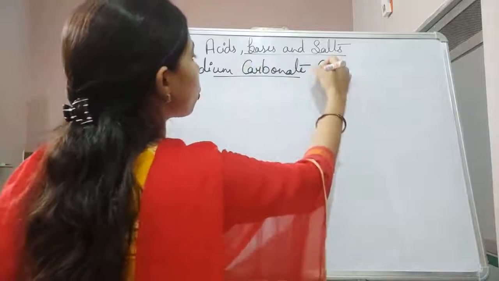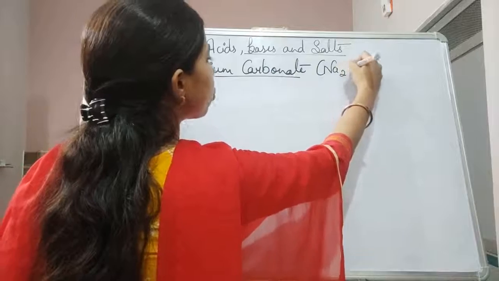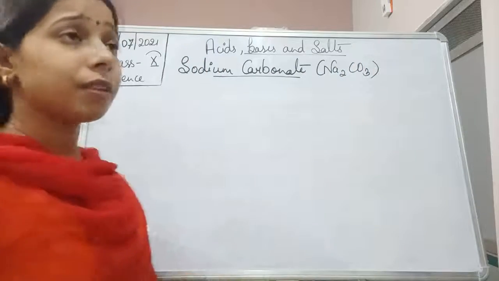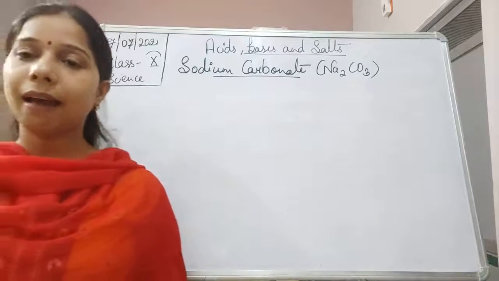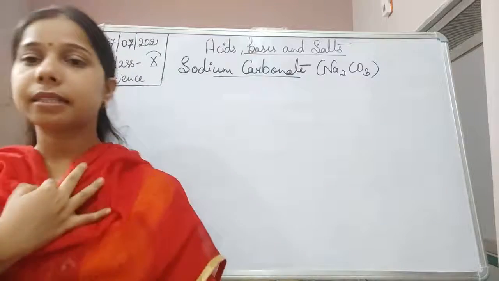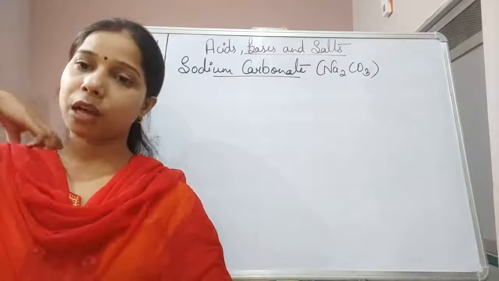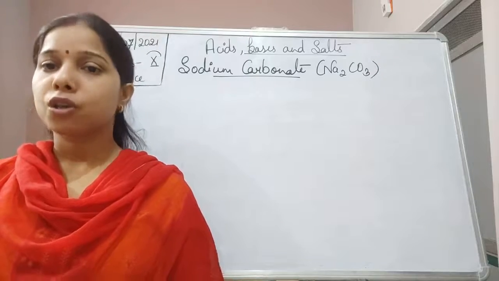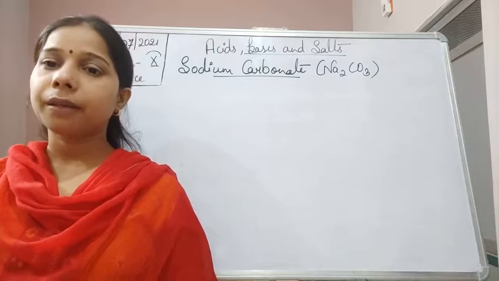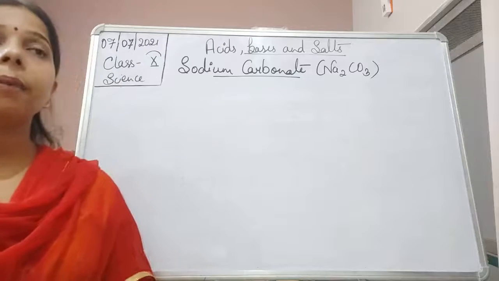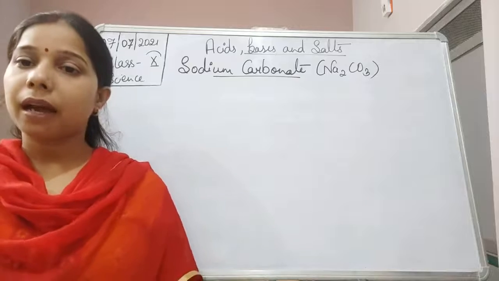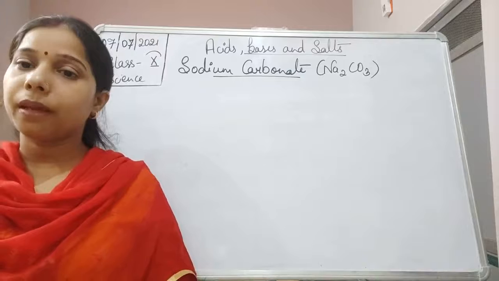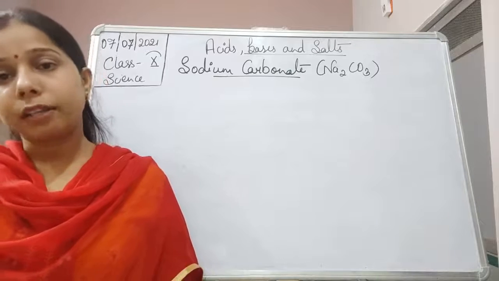I told you about sodium carbonate, students. Basically, sodium carbonate is in various forms. If it is in the anhydrous form, it does not contain any water and the formula will be Na2CO3, and at that time it is also called soda ash. If we talk about sodium carbonate monohydrate, it will be in the form of a crystal carbonate and the formula will be Na2CO3.H2O.